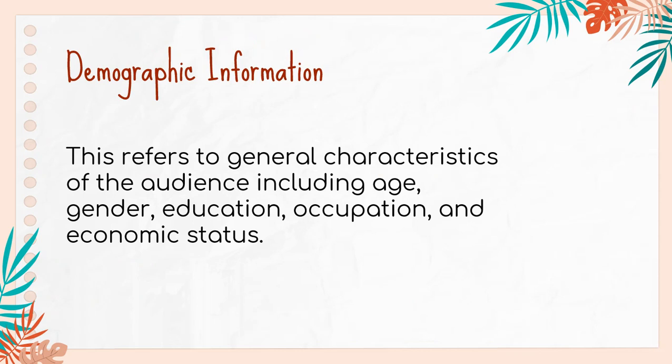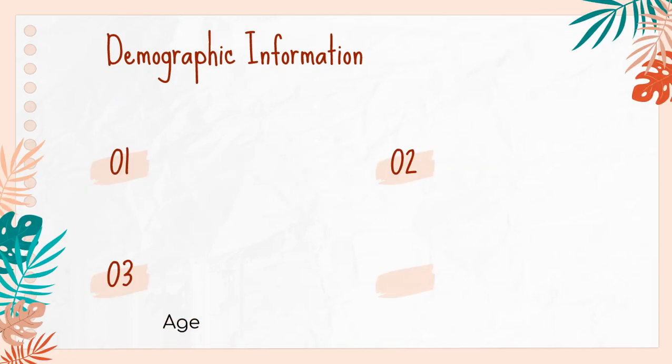The next is the demographic information. This refers to general characteristics of the audience including age, gender, education, occupation, and economic status. First is the age. People of varied ages have varied interests, so you must consider the age range of your audience when deciding on your topic, your language, and your visuals.